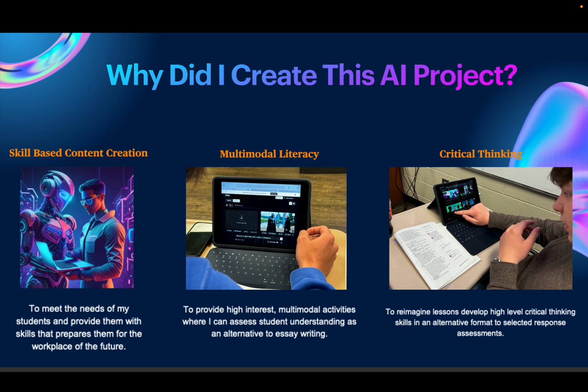This young man right here, this is some skill-based content creation. Obviously, this is a text to image generator on the left, and I'm looking for them to have skills that they will need in their future, using some of the traditional teaching methods, but also learning things that make them marketable when they graduate high school. On the right-hand side, you can see the student with the iPad.